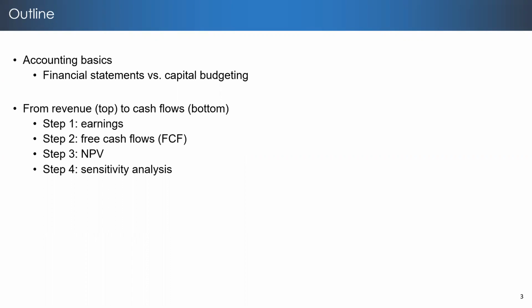If I change the revenue from $1 million to $1.5 million, will that give a much better net present value or not? So we want to adjust our inputs a little bit so that we're comfortable with our final decision. This is what the sensitivity analysis is about.